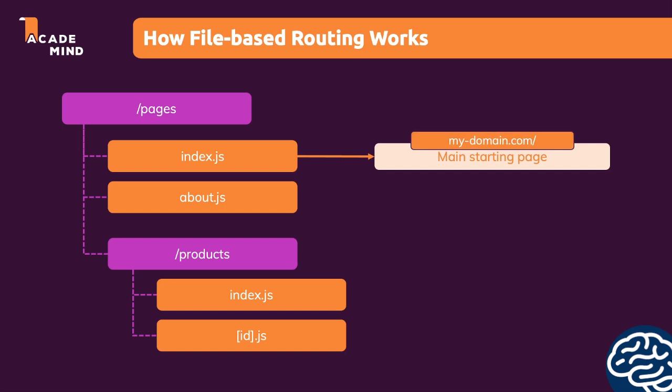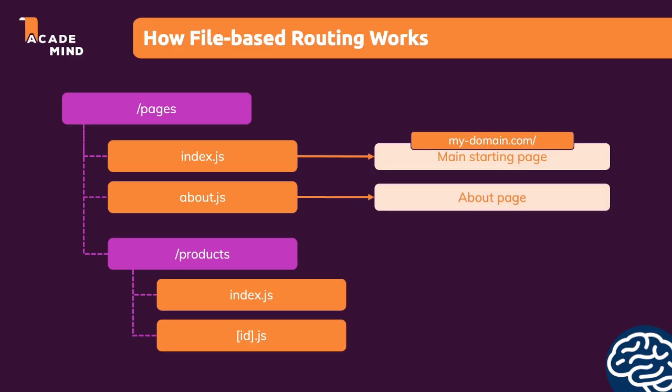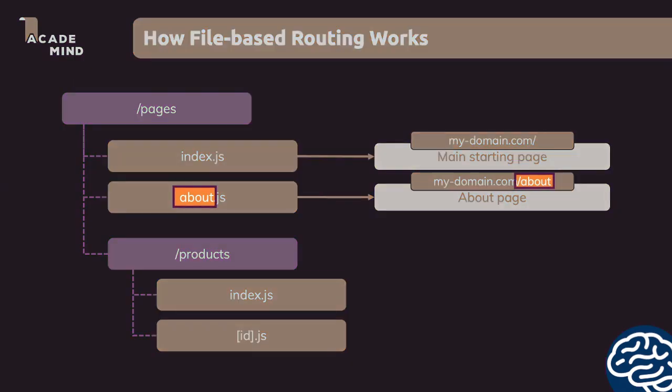For about.js, it would infer that we, for example, want to load an about page here. So it would in the end just render the component returned in the about.js file. And it would load that component for our domain.com / about. So it takes the file name as a path, as you can tell, with the exception of index.js.